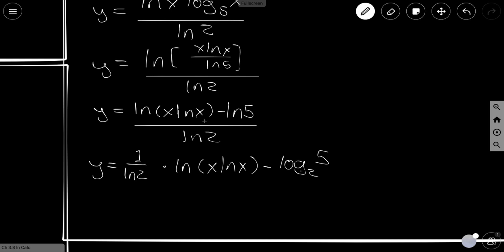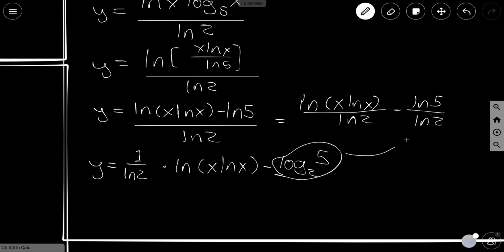Okay, so how I got from this step to this step, I'll write it out. So that's why I have log base 2 of 5 here. Because this right here and here, they're equivalent. And here, I just brought it out as a fraction. That's what happened.